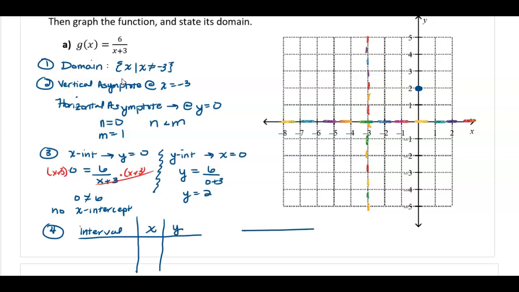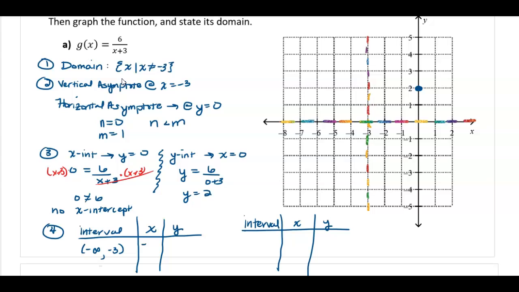We're going to split this up into 2, because our asymptote creates 2 sections, a left section and a right section. All right, so this interval right here is going to be from -infinity to -3. So I want values that lie between -infinity and -3.